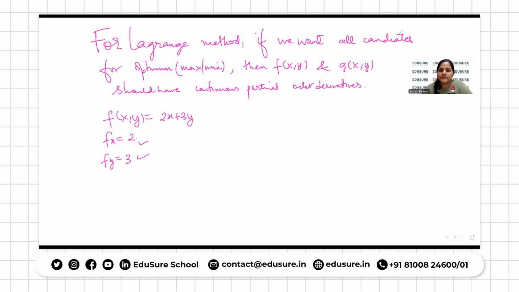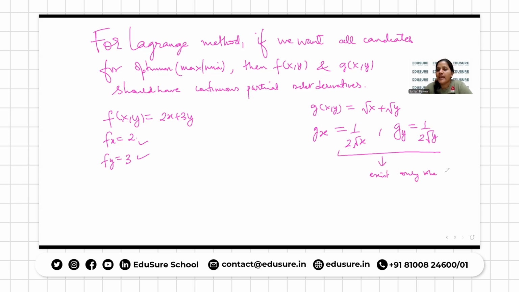But if you look at g(x,y), which was root x plus root y, the partial derivative of g with respect to x was 1 upon 2 root x, and with respect to y was 1 upon 2 root y. These exist only when x, y are greater than 0.